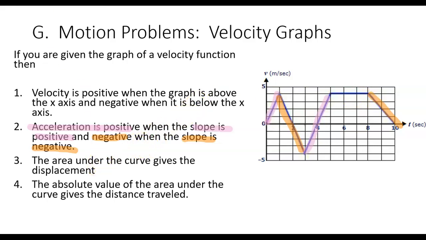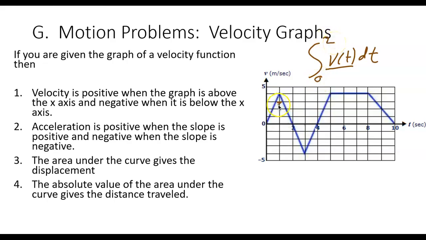Next, going back to integrals once again, the area under the curve will give you the displacement. So, we talked about how this is displacement, right? The integral of your derivative, or of the position function, in other words, the velocity. The integral of velocity gives displacement. So if I were to say to you, what's the displacement from 0 to 2?